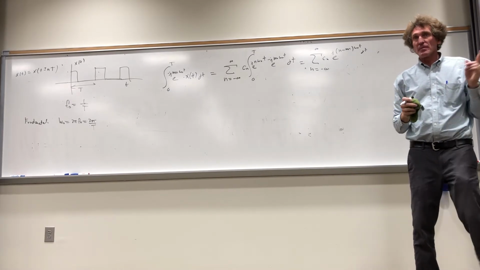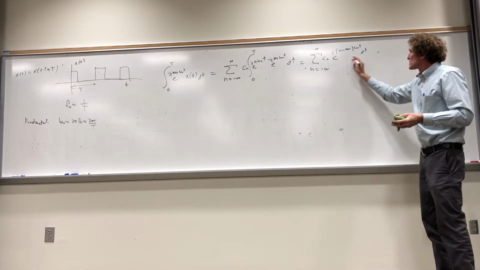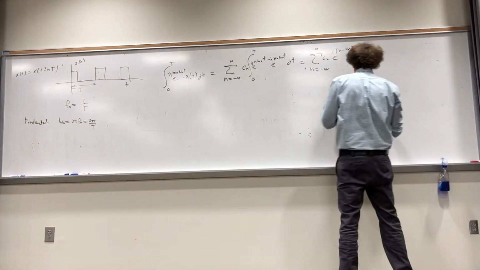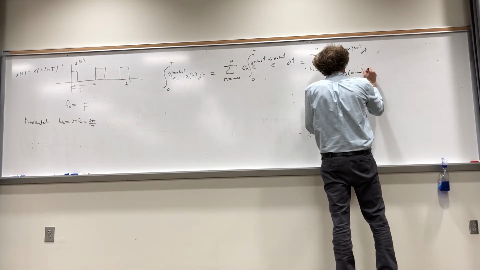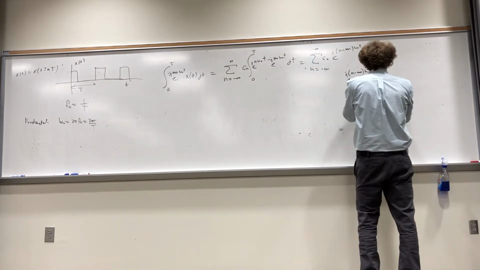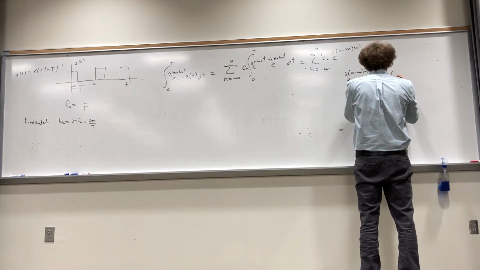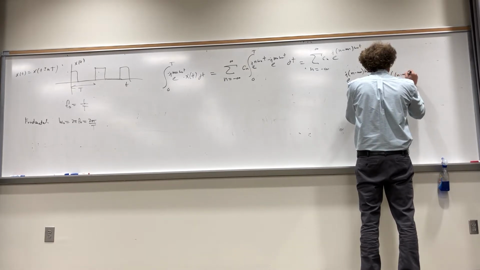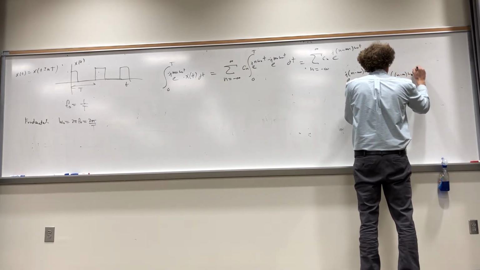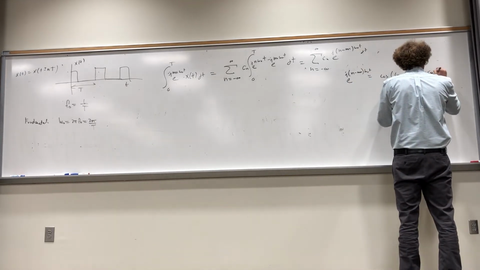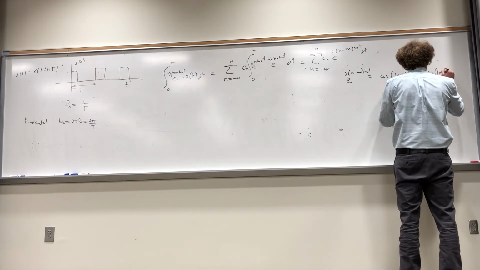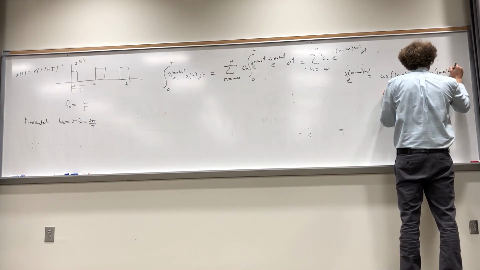Now listen carefully. When you look at this right here, e to the j n minus m omega naught t is equal to cosine of quantity n minus m omega naught t plus j sine of n minus m omega naught t.